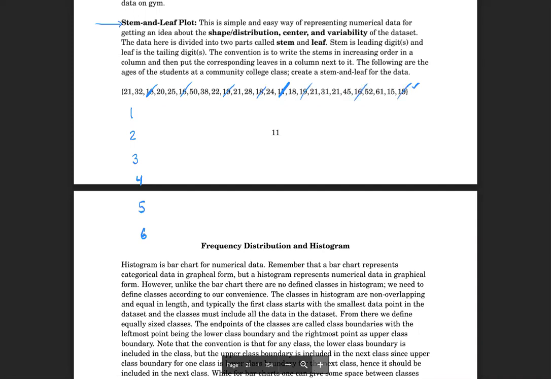So let's write them down from the lowest. So the lowest number is 16. So there is 16. So I'm going to put a 6 here. Is there another 16? I thought I saw another 16. Is this a 19 or a 16? This is a 19. There is another 16 here. So we'll put 6 twice.